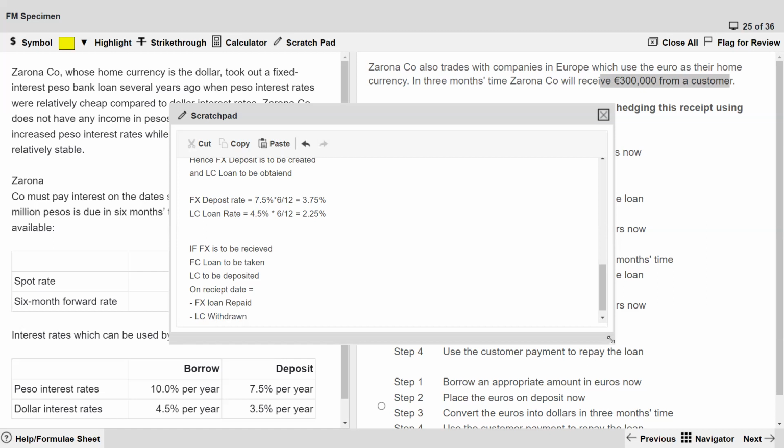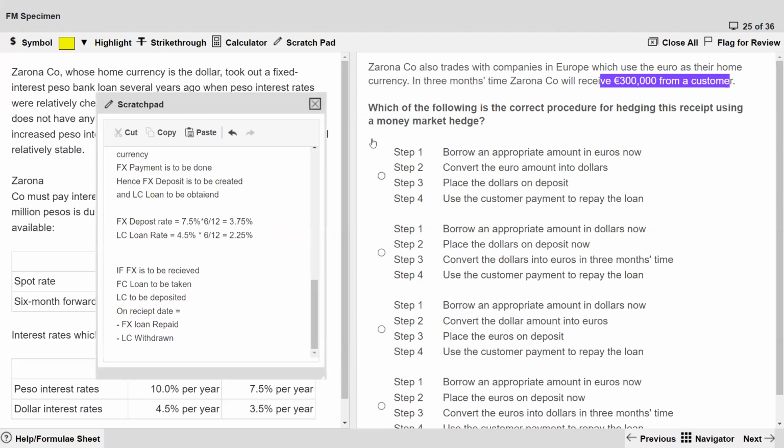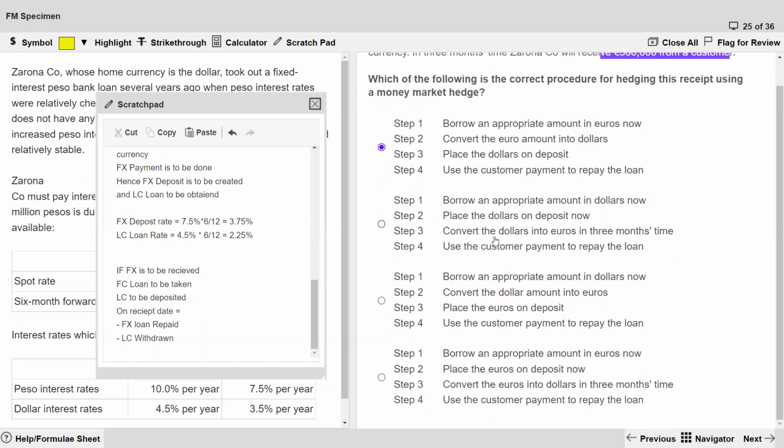Let's try to see which of them is matching. Borrow amount in euros, okay. Convert euro to dollars, yes. Place the dollars on deposit, yes. One is correct.